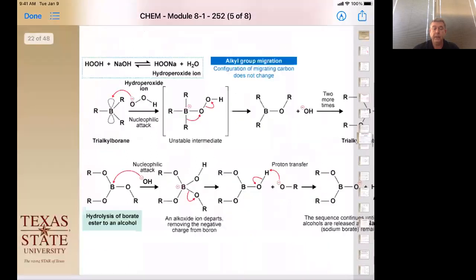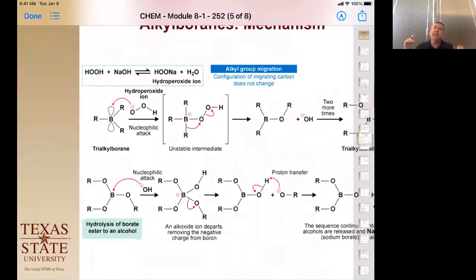Okay. And so, but then the next step is the oxidation. We have to make sure that we understand that when we do this oxidation, we are not doing a substitution reaction, okay? We are taking our boron and using that empty orbital again to transfer the hydroperoxide ion to that empty orbital, giving us our charged intermediate, which is very unstable.